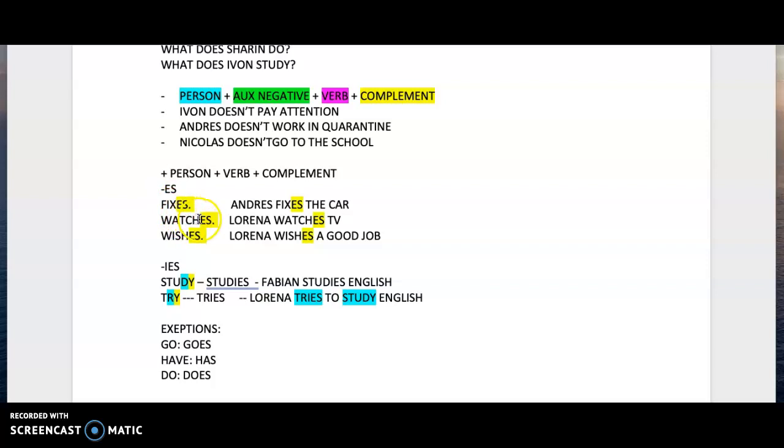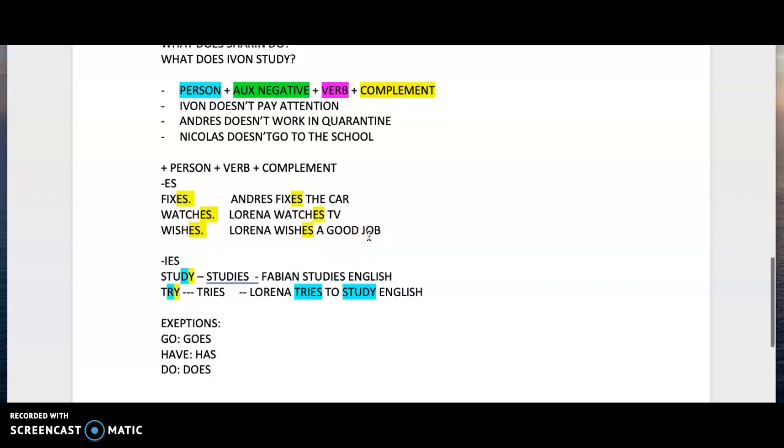Remember, watch, watch. So, ending with ch, you add es, watches. For example, Lorena watches TV. Or wish, which is desear. Wish, wishes. Lorena wishes a good job. Lorena desea un buen trabajo.